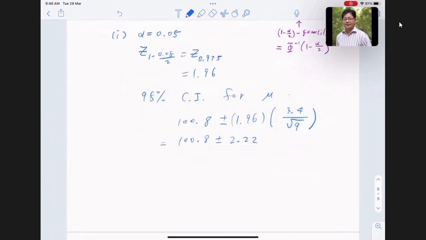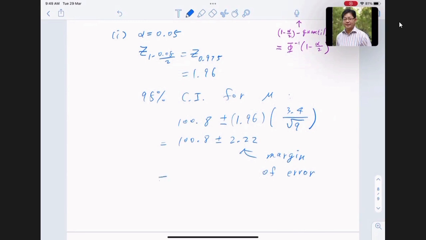So we will obtain the confidence interval in this form, which is equal to the sample mean plus or minus a quantity equal to 2.22. We call this number the margin of error. You may treat this as a measure of how large the estimation error can be if we use the sample mean to estimate the population mean.